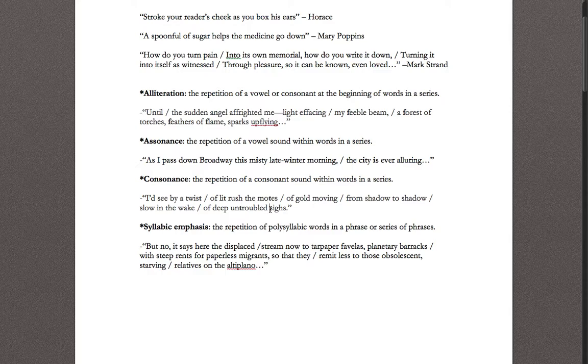So that's consonance. As I said, in the earlier example there are definitely some consonants as well. Even in this small phrase, "misty late winter," we have the repetition of the T 3 times.